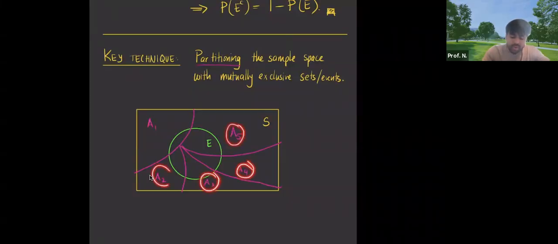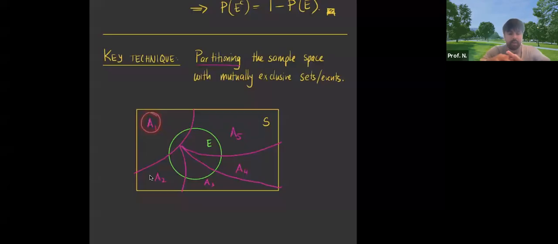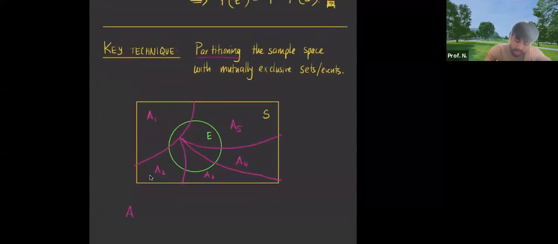These are all mutually exclusive events because they're all disjoint. There's nothing in between them. They're cut up. I'm going to call these Ai for i equal to 1, 2, 3, 4, 5. So basically each one of these is mutually exclusive.